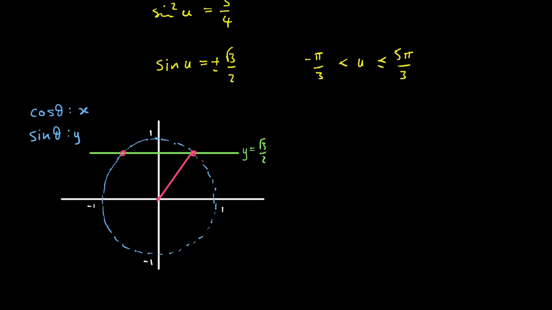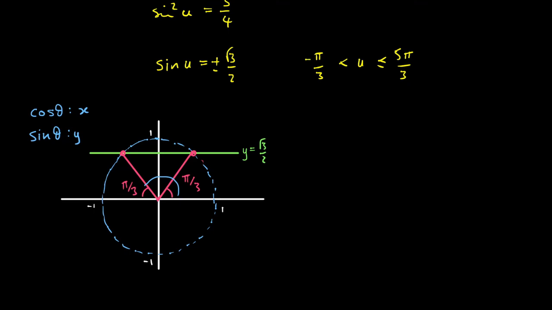What we're asked to do is to find this angle here, and also this angle here, which I'll draw in blue. Now the angle in red we can get from our calculator, and that angle is going to be pi by 3. And by symmetry, you can see that this angle on the other side will also be pi by 3. This point is symmetrical with that point, which means this angle is symmetrical with that angle.